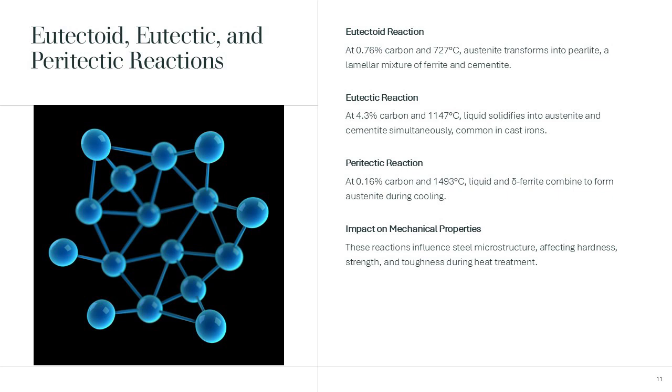The peritectic reaction occurs at 0.16% carbon and 1493 degrees Celsius, where liquid and delta ferrite combine to form austenite. These transformations dictate the microstructure evolution during cooling and heating, influencing mechanical properties. Heat treatment strategies leverage these reactions to achieve desired hardness, strength, and toughness in steels and cast irons.